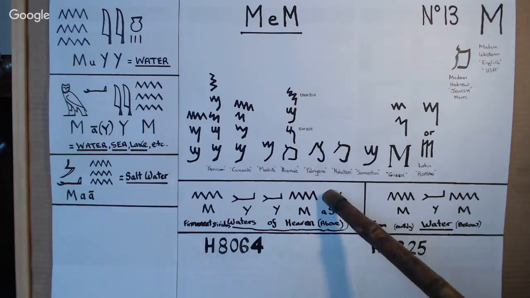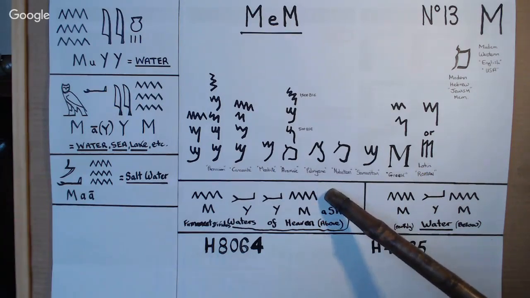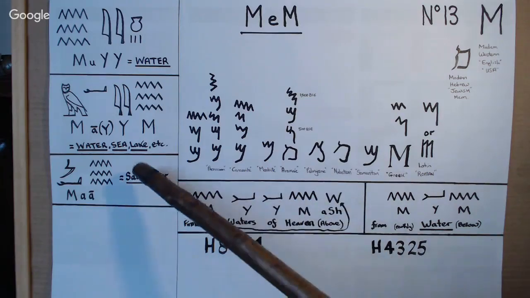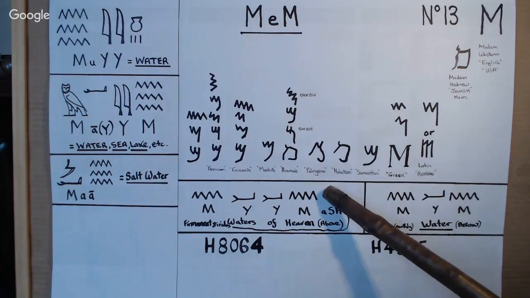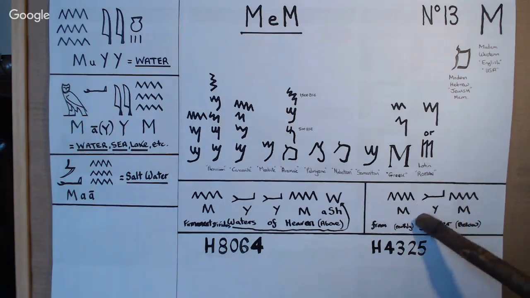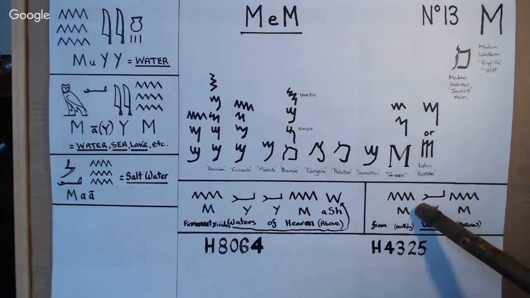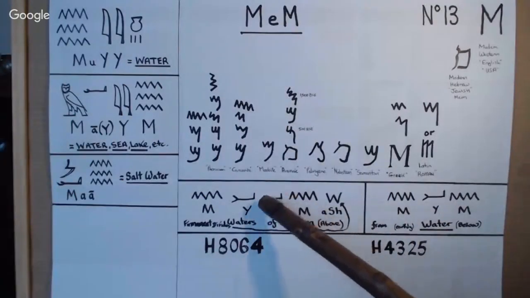If you block out the sh sound, you've got the exact same layout as what we have over here in the Egyptian, and more of an extended one. It's just got the extra added outstretched arm, yod, added to it.